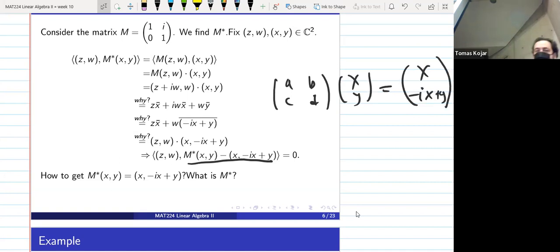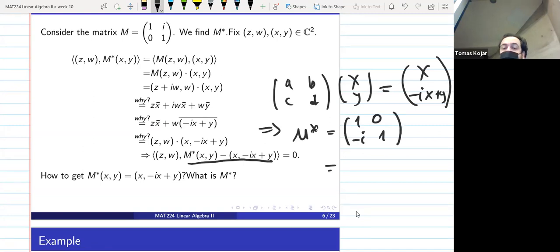I'm not going to redo it, but if you solve for a, b, c, d, you will get that M star is [1, 0; minus i, 1]... that is, the conjugate transpose. I'm going to prove this in the very next slide. So for matrices, the adjoint is just this: you take the conjugate and transpose.